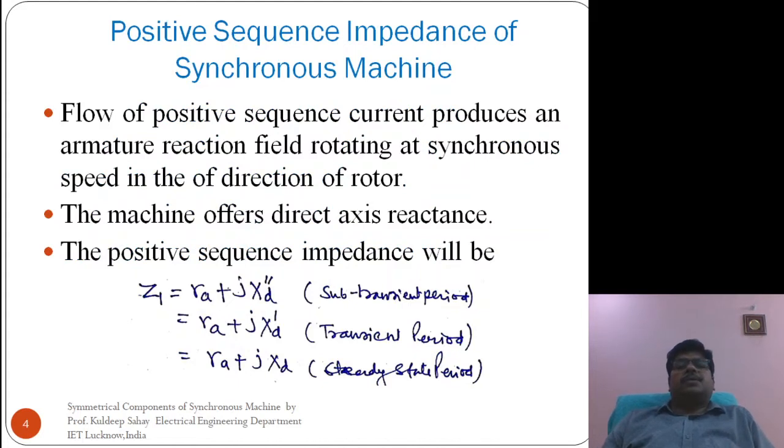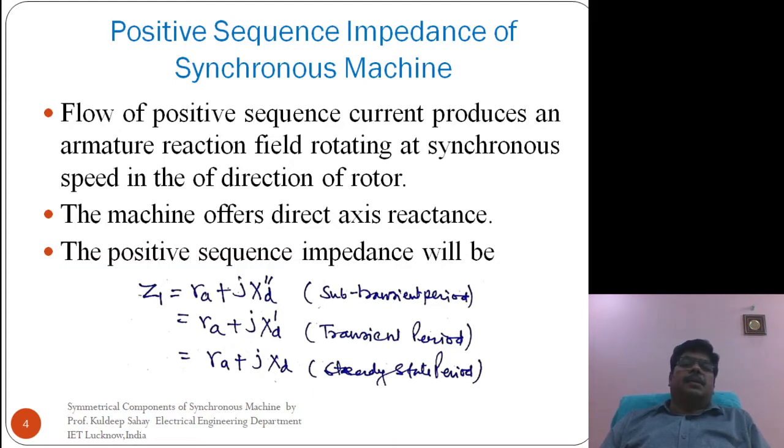Now the first one is the positive sequence impedance of the synchronous machine. Due to the flow of positive sequence current, there will be an armature reaction, and that field rotates at the synchronous speed in the direction of the rotor.